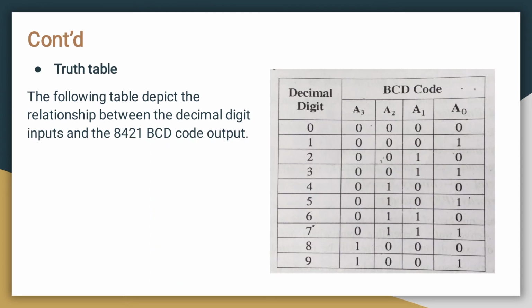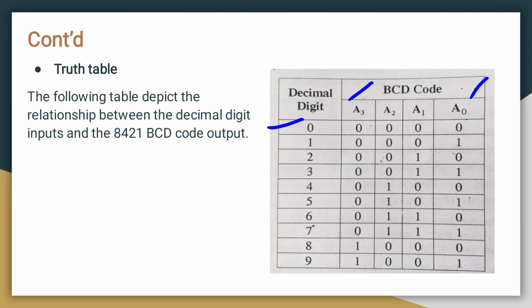So next, the truth table. In the truth table, see here, I have already given that we are going to start from A3 and end with A0, where A3 is the MSB, that is the highest bit, and A0 is the lowest bit. So depending on the values, we have to write the truth table. So start from 0.